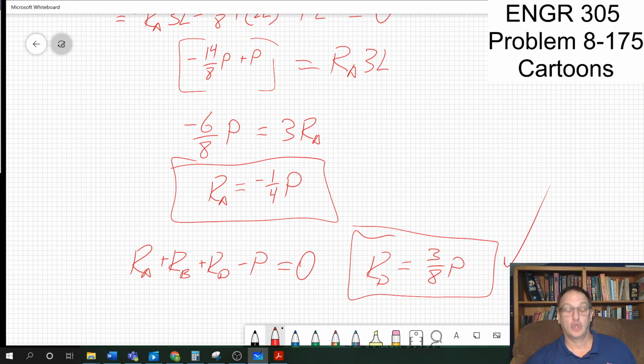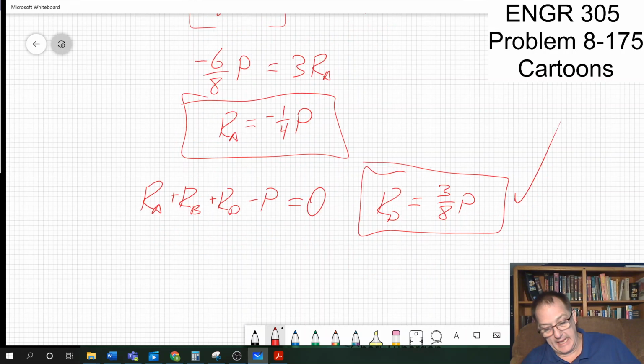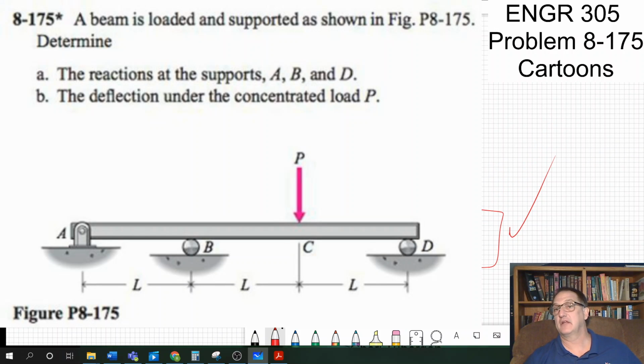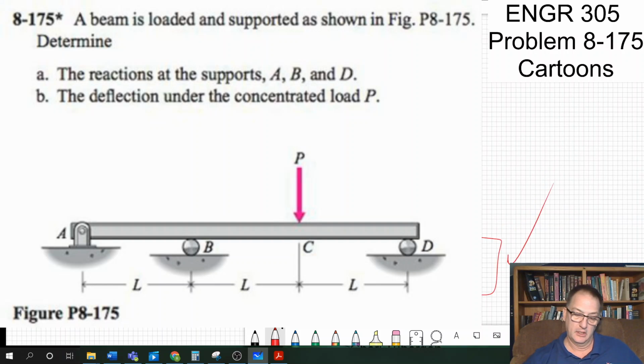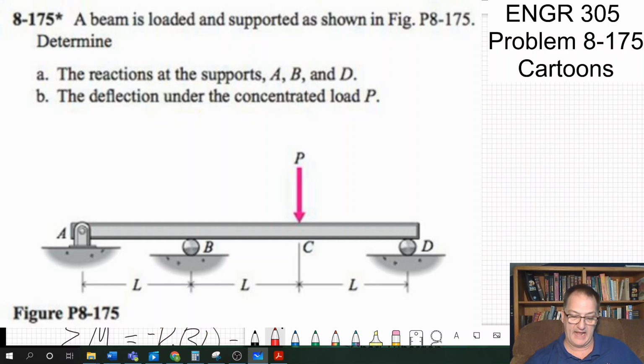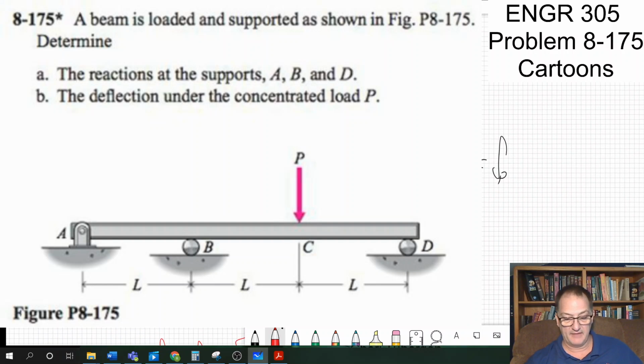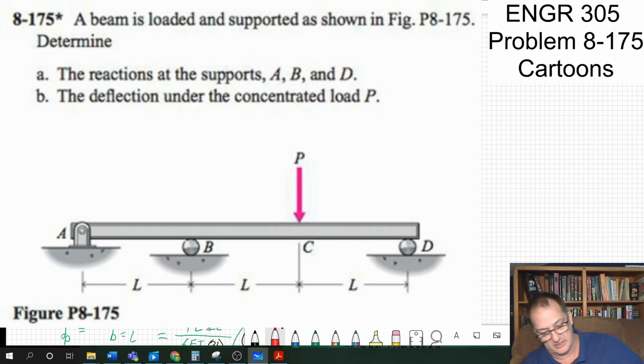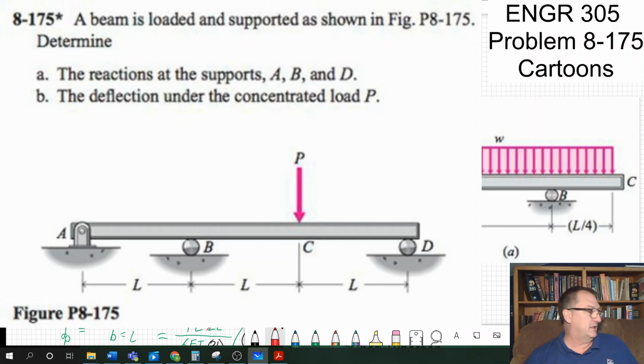Cool. Okay, again, if we go back, find the deflection under the concentrated load. Well, I don't have the equation this time. I've got a method, that is, I can start going through this. Sorry.